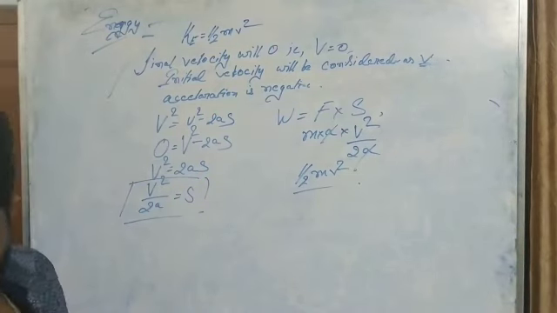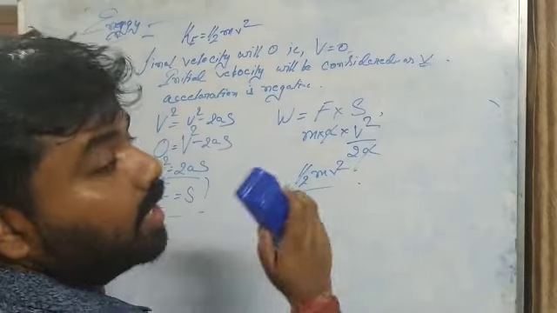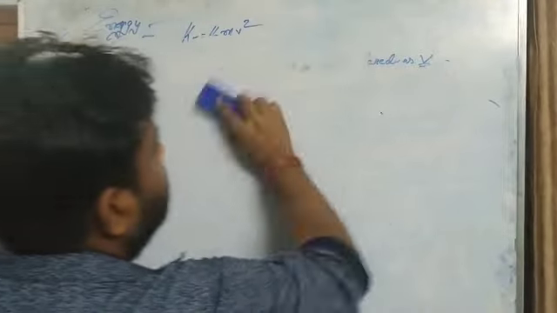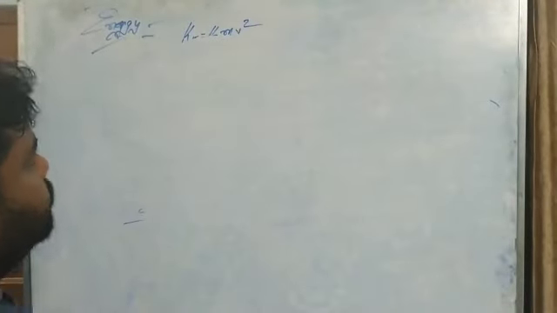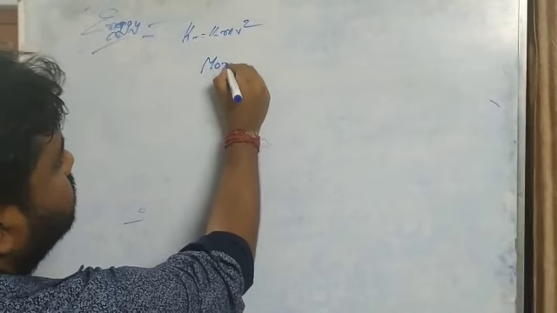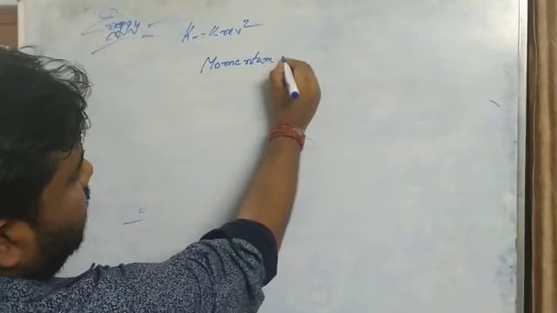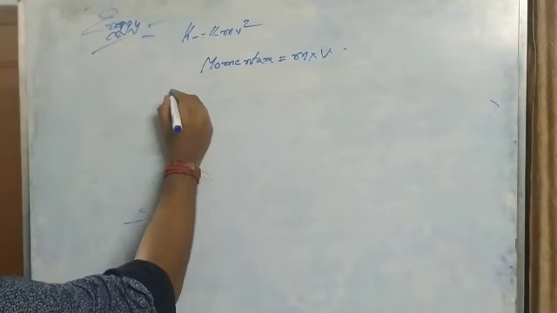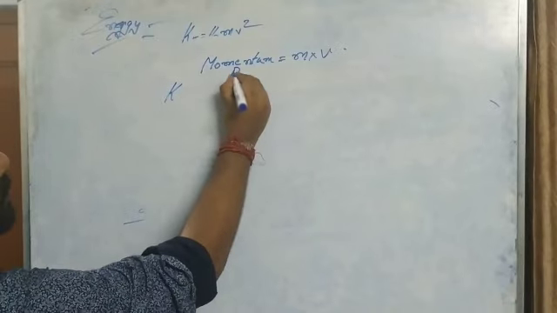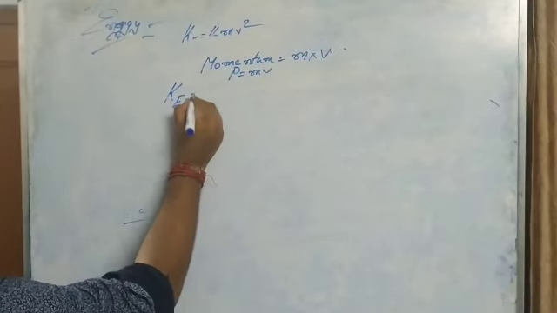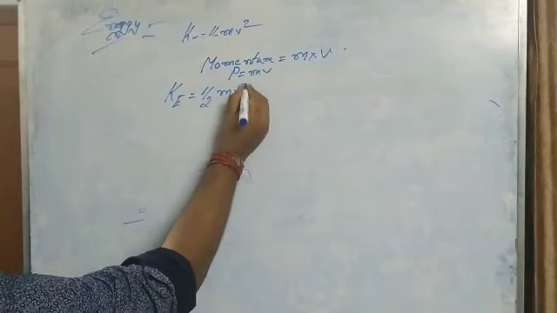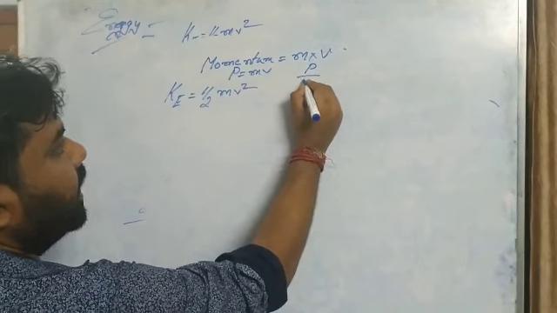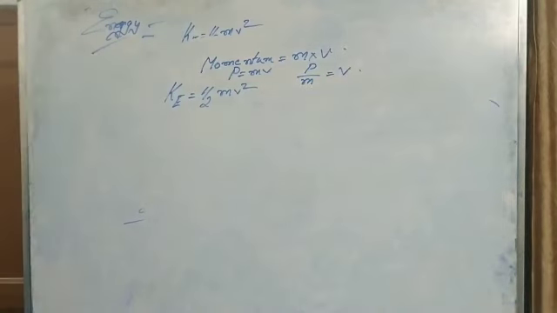Now we will discuss the relationship between momentum and kinetic energy. Momentum, that is m into v. Momentum means P equals mv, and KE equals half mv square. So we can write P by m equals v.